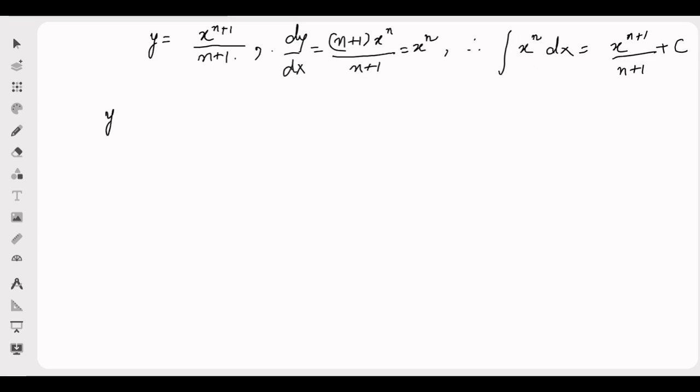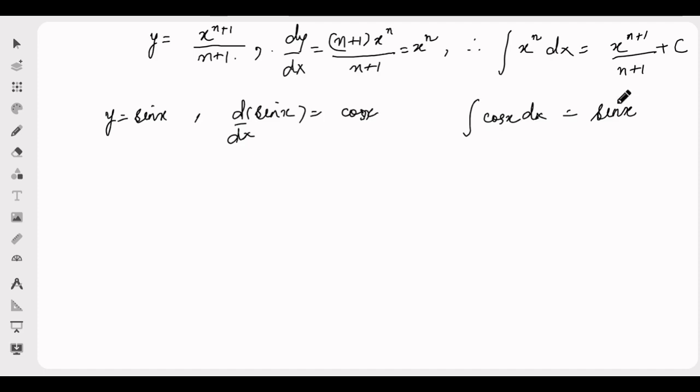Again, we know that if the function is y is equal to sine x, then derivative of sine x is cos x. Therefore, integral of cos x dx is equal to sine x. Then if the function is cos x, its derivative is minus sine x.